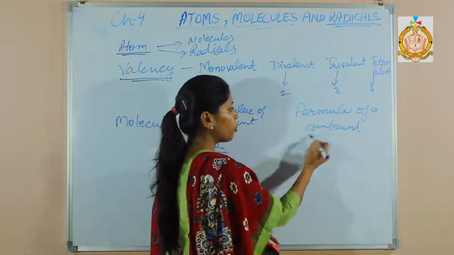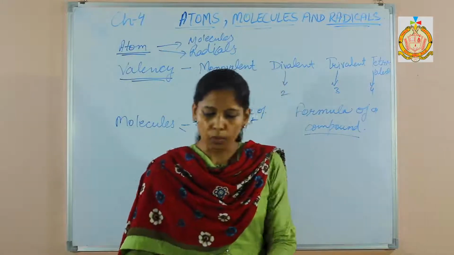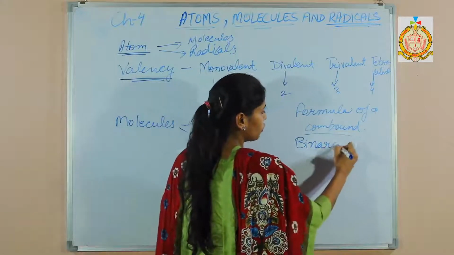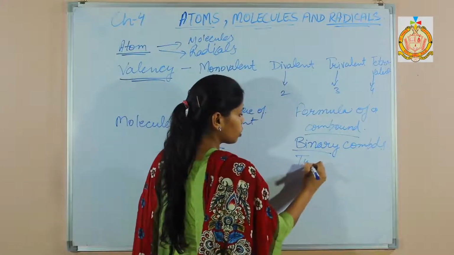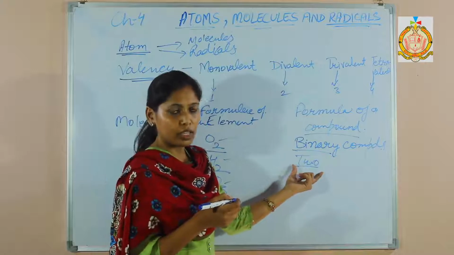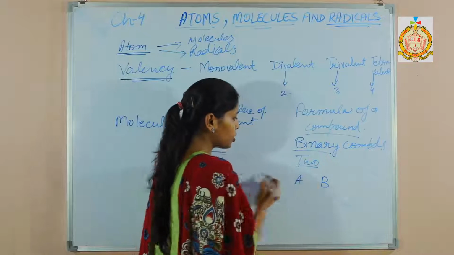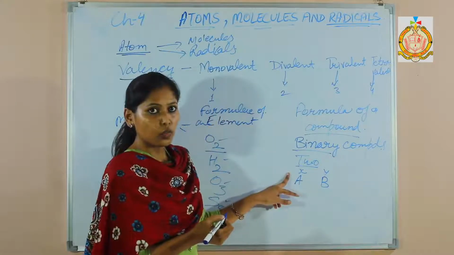Next, formula of a compound. Two atoms will be different, and here we will discuss binary compounds. Formula of binary compounds. Binary means two. A compound made of two elements will be your binary. For example, A and B. A has valency X, B has valency Y. How to write its formula?